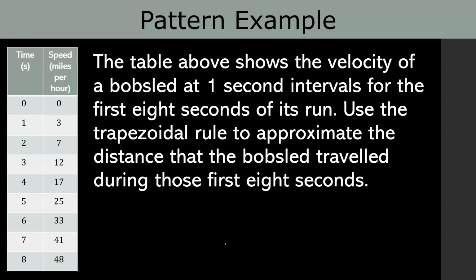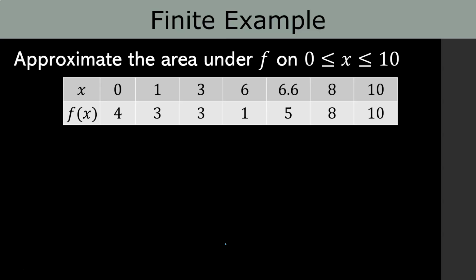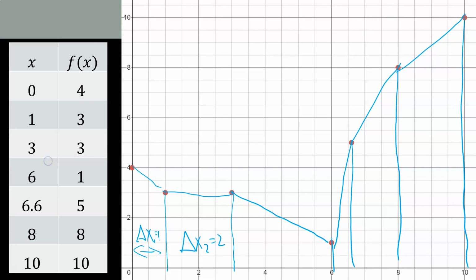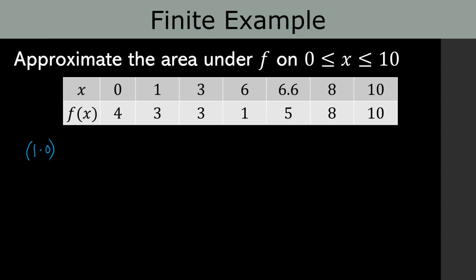Let's see, so what does this look like? Okay, I wanted to go back here. How do you find the area of a trapezoid? Well, the first trapezoid is going to have a width of 1 minus 0 and a height of 4 plus 3 over 2, or f of 0 plus f of 1 divided by 2.